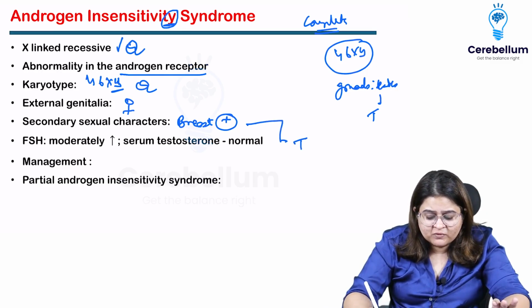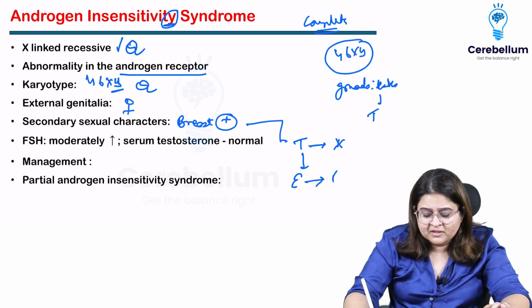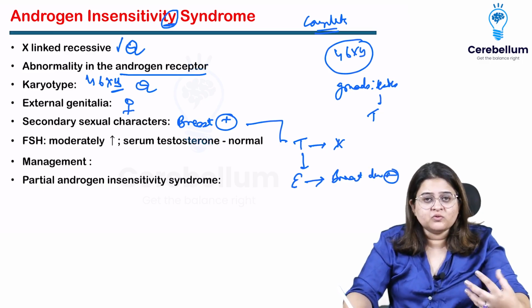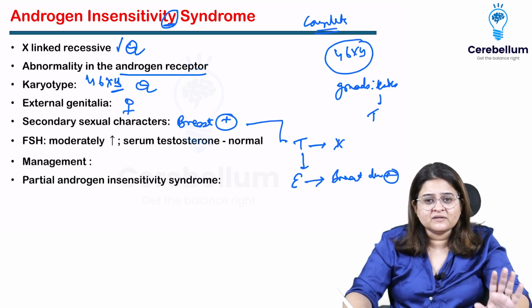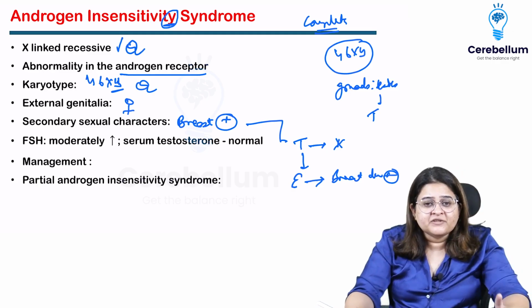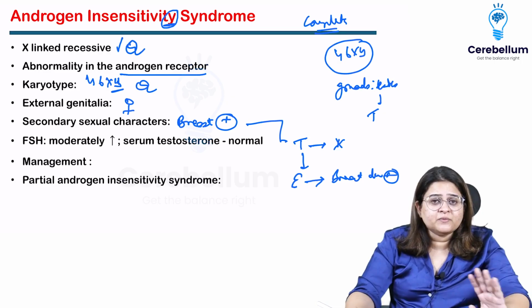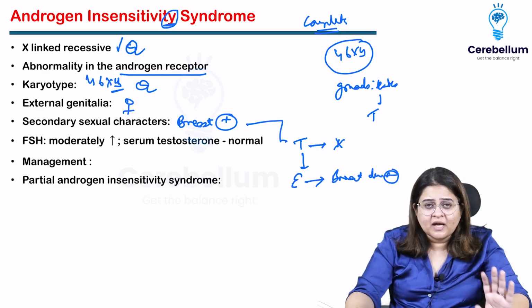Because the testosterone, which is unable to act where it should act, in turn starts getting converted to estrogen, and this estrogen is what causes the breast development. So it may not be a very good Tanner 4 or 5, but till Tanner 3 you can see breast development, and that's a very important feature. So thelarch is there, breast is there, but pubic and axillary hair is very sparse or absent.